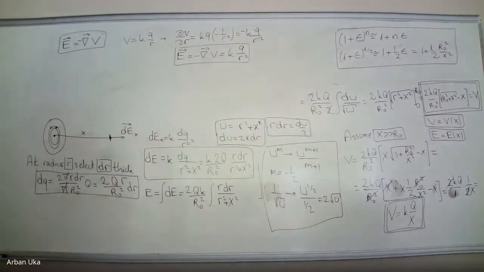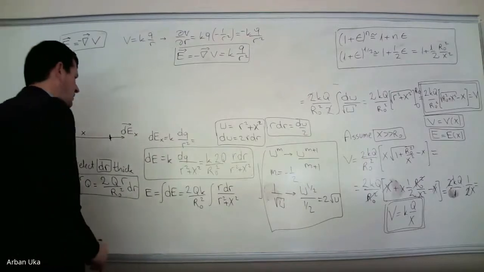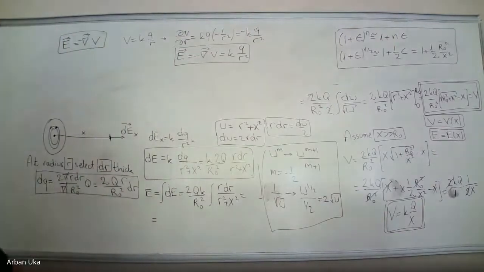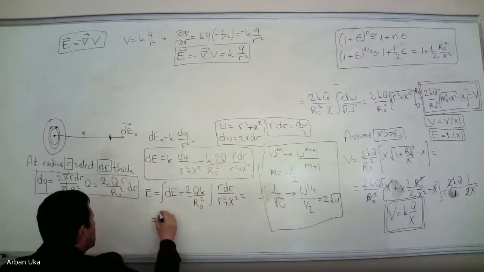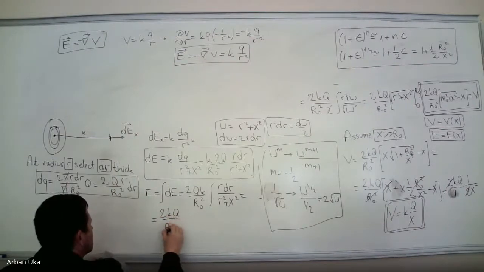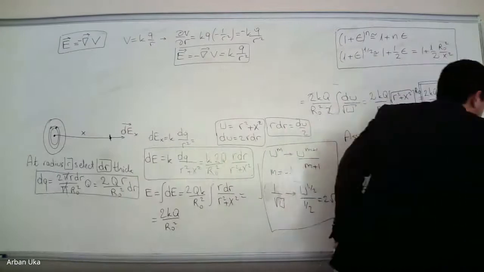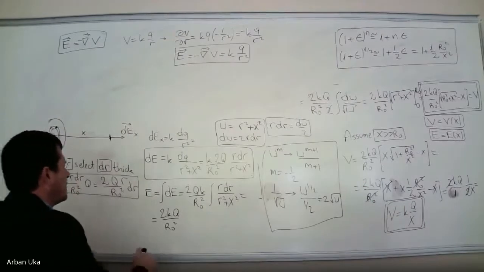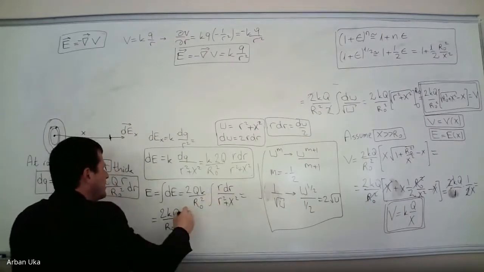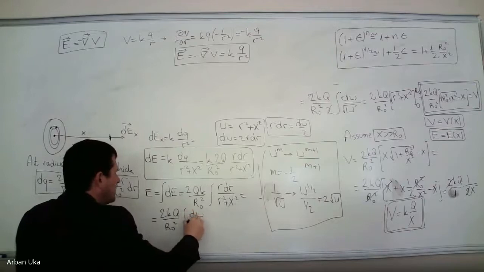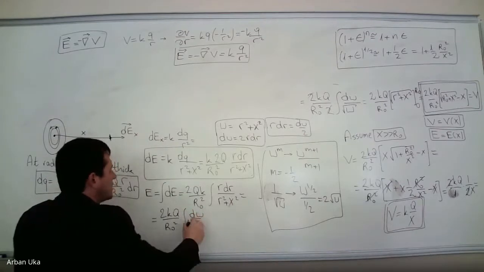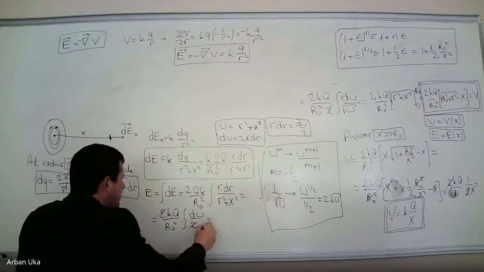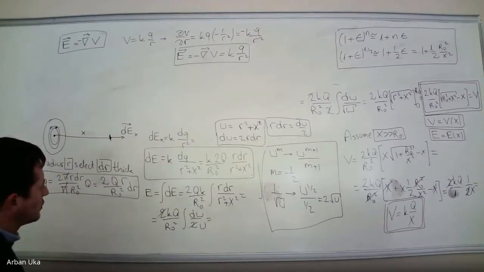And then our integral will include the integration of, let's see what we'll obtain here. We have 2kq over r0 squared times, instead of r dr, we write du over 2, times 1 over u itself. So they cancel out, and the integral of du over u is equal to what?